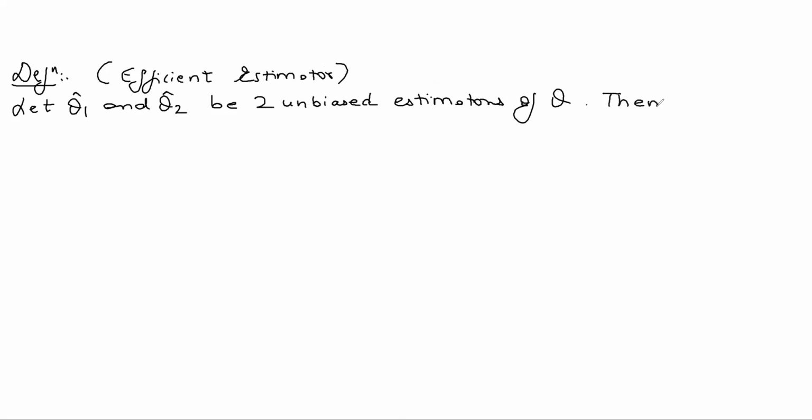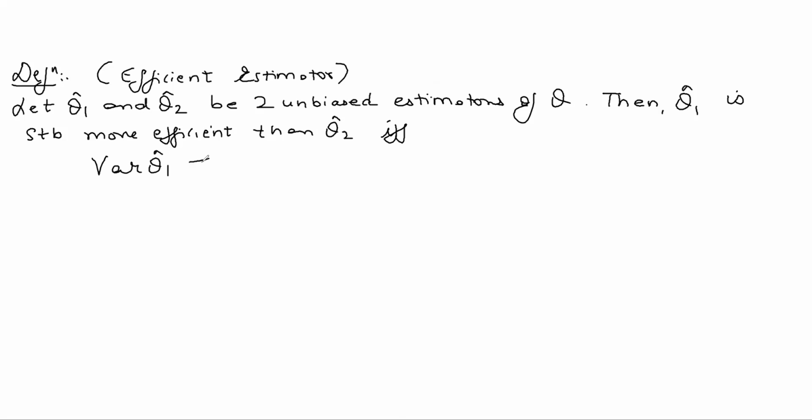Then theta 1 hat is said to be more efficient than theta 2 hat if and only if variance of theta 1 hat is less than variance of theta 2 hat. So if we talk about two estimators, theta 1 hat and theta 2 hat, then theta 1 hat will be called a more efficient estimator than theta 2 hat if the variance of theta 1 hat is less than variance of theta 2 hat.